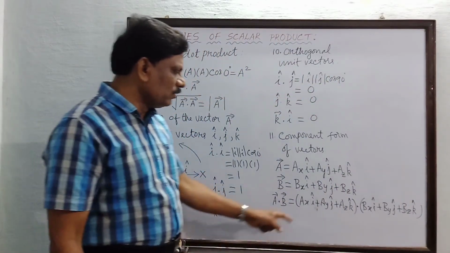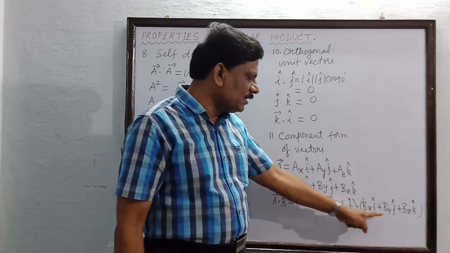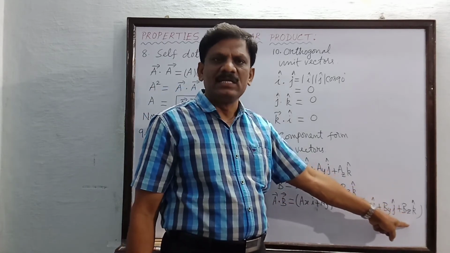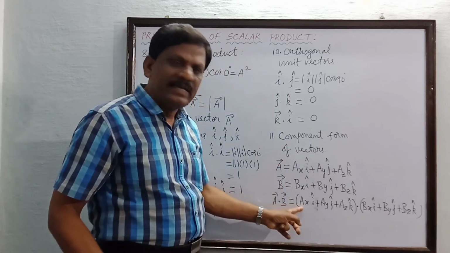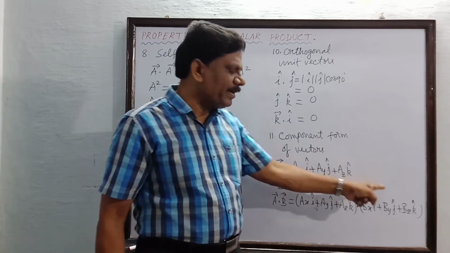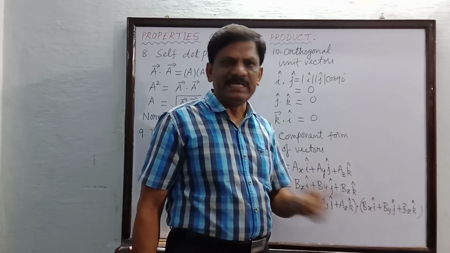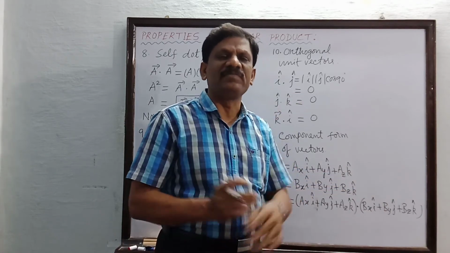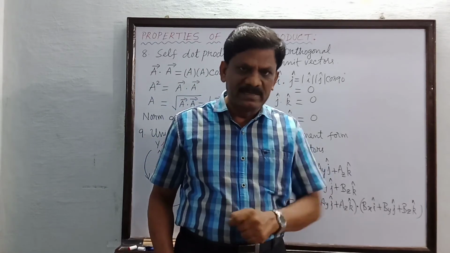Okay students, now there are three terms in the first bracket and three terms in the second bracket. If you multiply, the first term Ax should be multiplied with three terms, Ay should be multiplied with three terms, and Az also should be multiplied with three terms. So what is the total number of terms expected on the right hand side? 9 terms should be there, is it not?